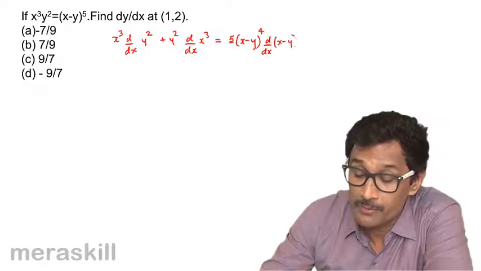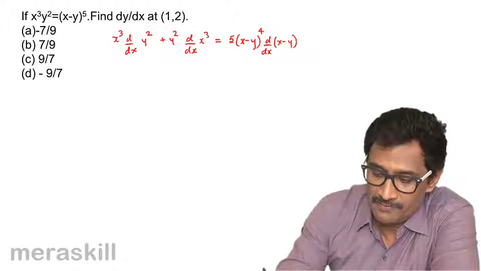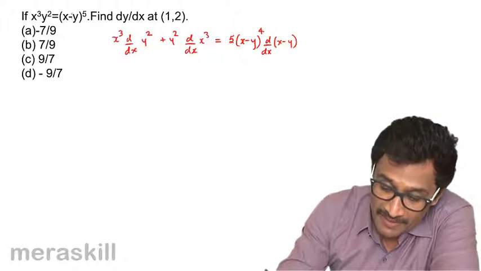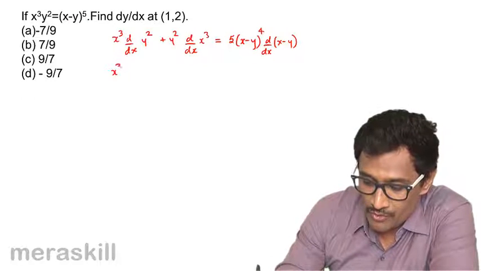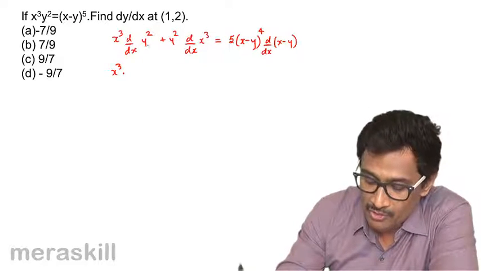So we're using a composite function. You get 5 into x minus y raised to 4, then you find the derivative of the inside. This is nothing but x cubed into, again we are using chain rule.